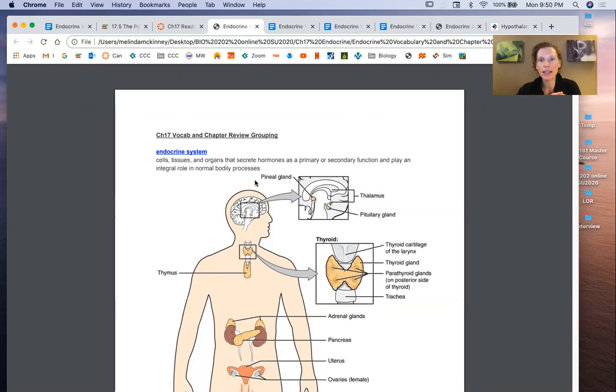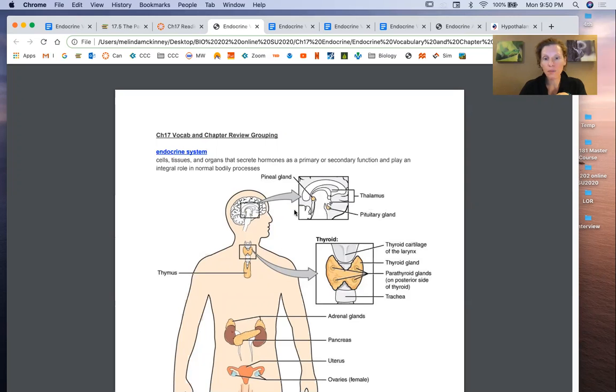The endocrine system takes a longer time, often for the hormones to be synthesized and then distributed to the bloodstream. And then it takes longer compared to the nervous system for them to dissipate. So they have a much longer half-life, especially if they're steroid hormones, which are lipid-based. So that's the endocrine system.